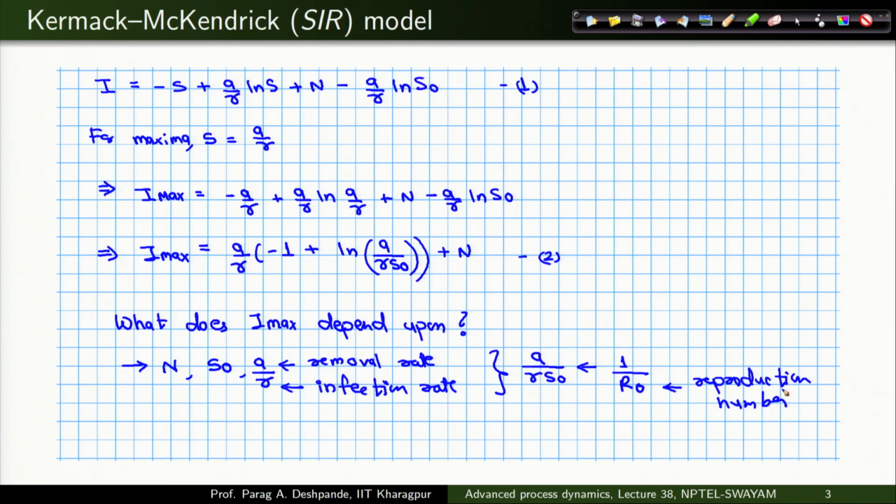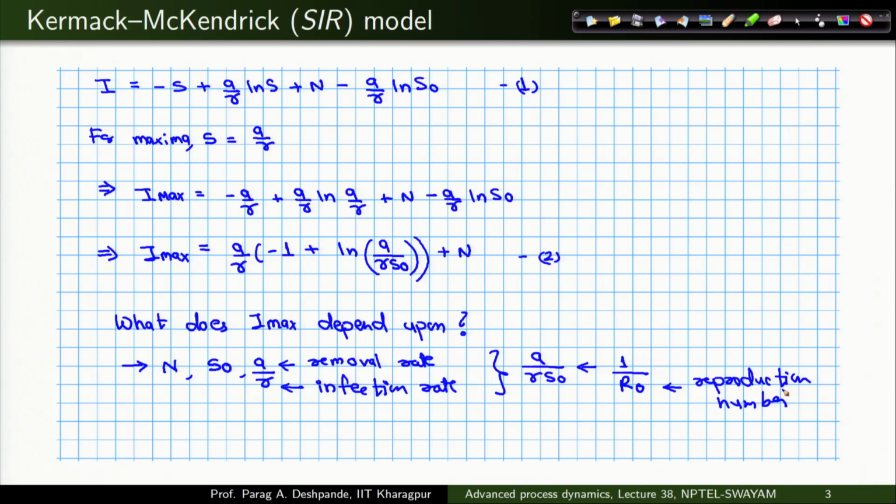So, if I have I max, which is given as A upon R multiplied by 1 minus 1 plus ln 1 upon the reproduction ratio plus n. So, now the question is what good can come out of this equation.